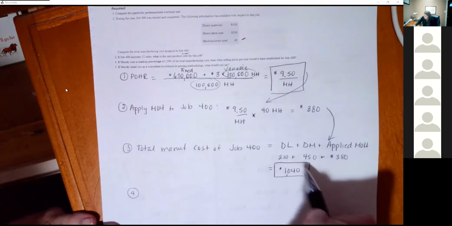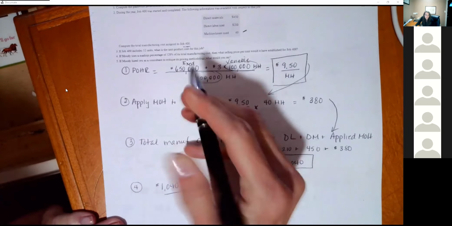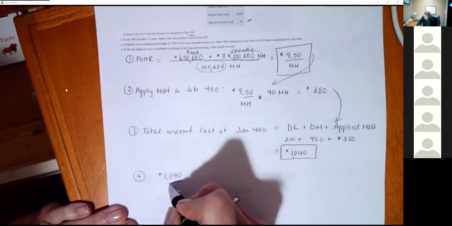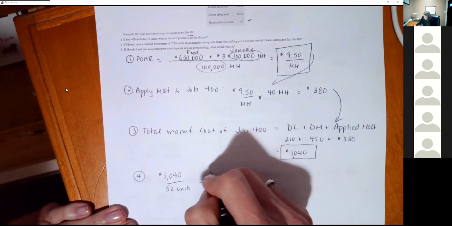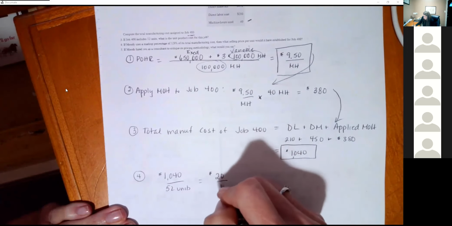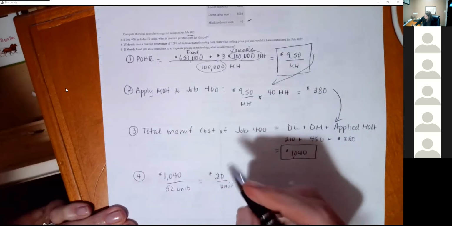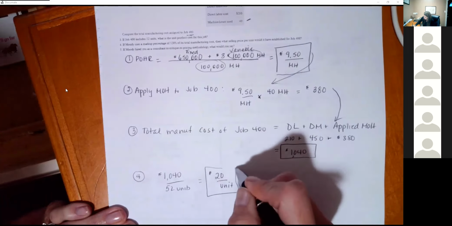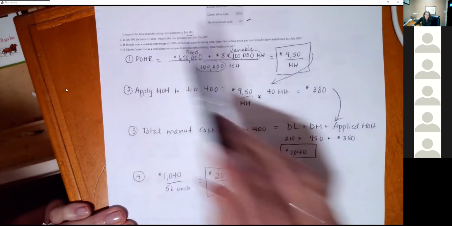Right, perfect. So if that's our total manufacturing cost, and we know that we made 52 units, we're just going to divide. And we should get $20 per unit. So that answers requirement number 3.